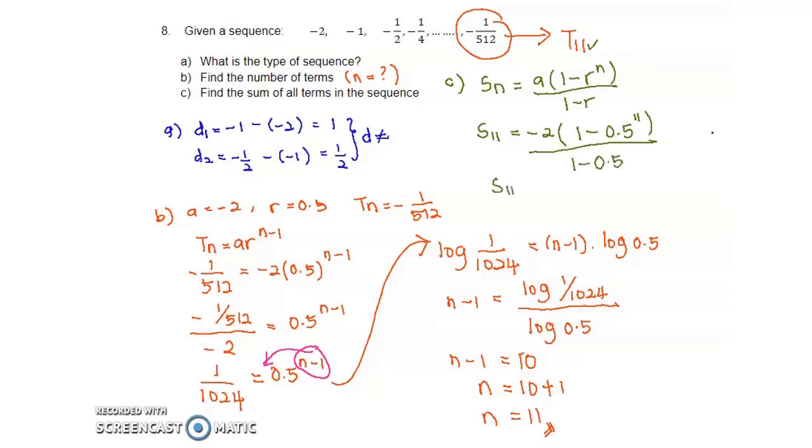When you calculate this, you will get negative 3.998.